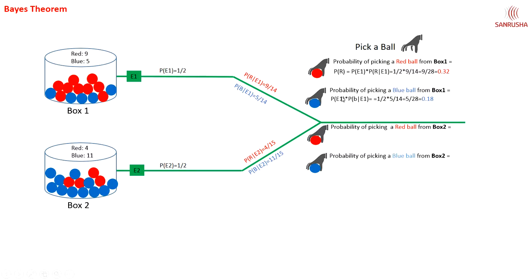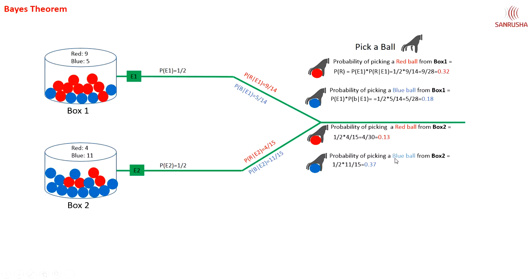What is the probability of you picking the blue ball from box 1? Again, 1 by 2 into 5 by 14, 5 by 28, about 18%. Same way, the probability of picking a red ball from box 2 is 1 by 2 into 4 by 15, 4 by 30, 13% probability.